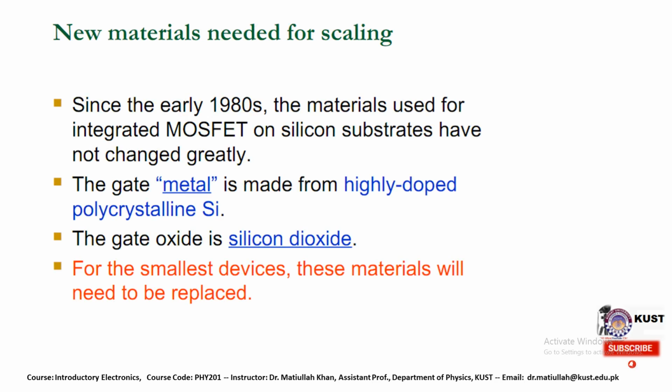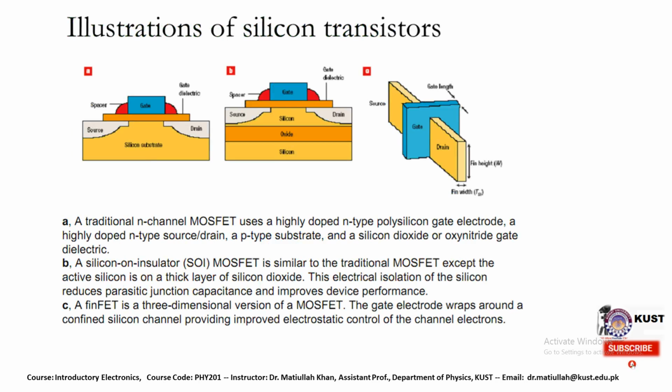Some new materials are used for this scaling, and since the early 1980s the material used for the MOSFET on silicon substrate has not changed greatly. The gate metal is made from highly doped polycrystalline silicon, and the gate oxide is silicon dioxide. So for the smallest device, this material will not be replaced.